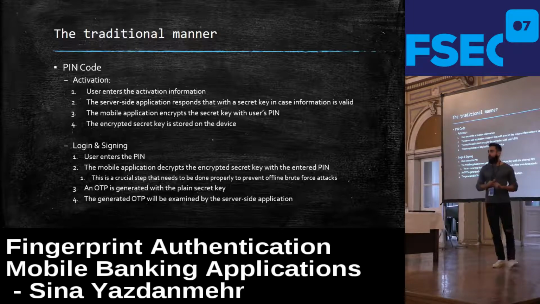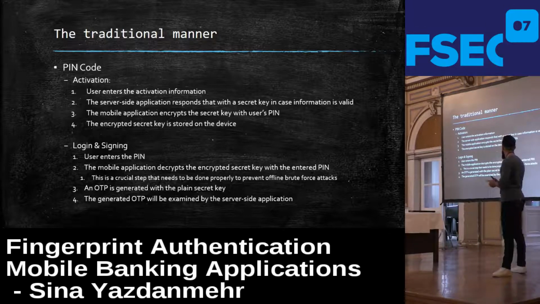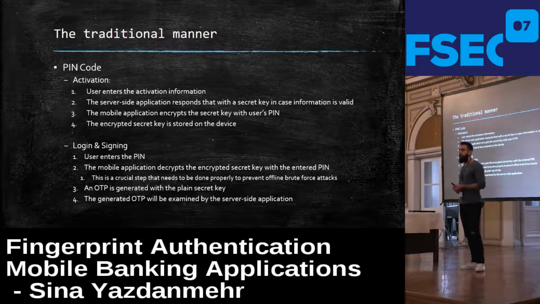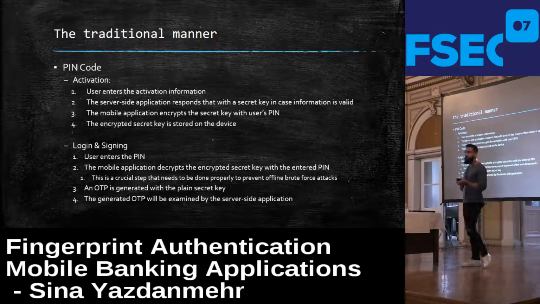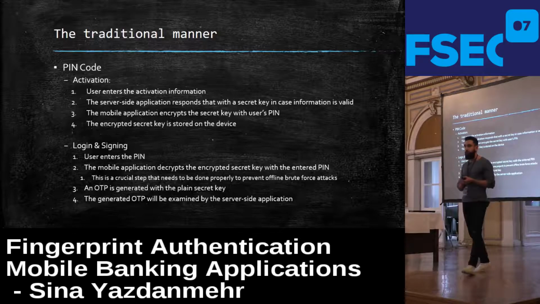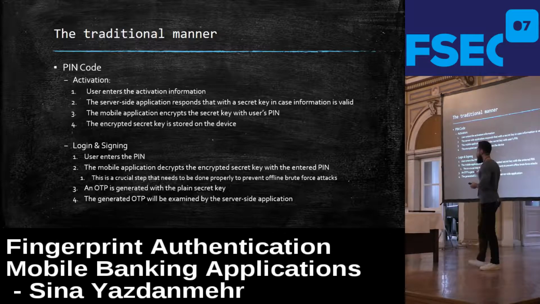First, when the user wants to log into the system, and the second time, when a user wishes to sign a transaction. In that case, the user needs to first insert a PIN code, the right PIN code. The application fetches the encrypted secret key from the device and decrypts it with the user PIN code.